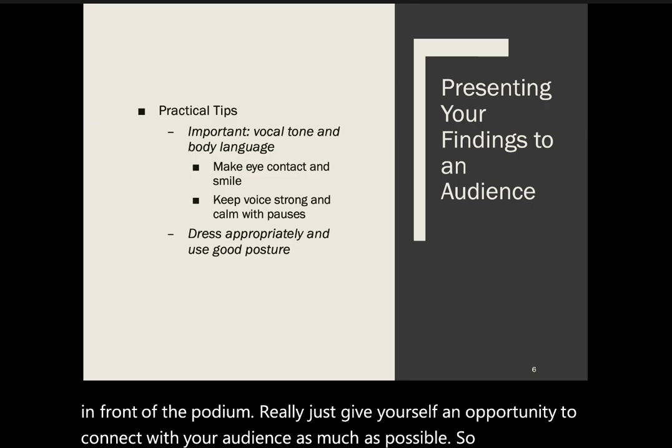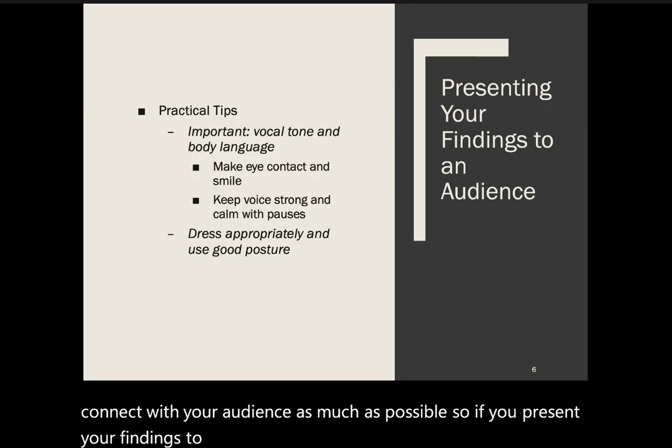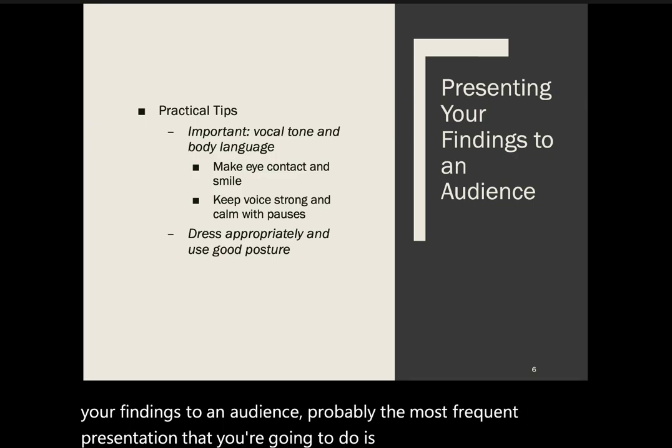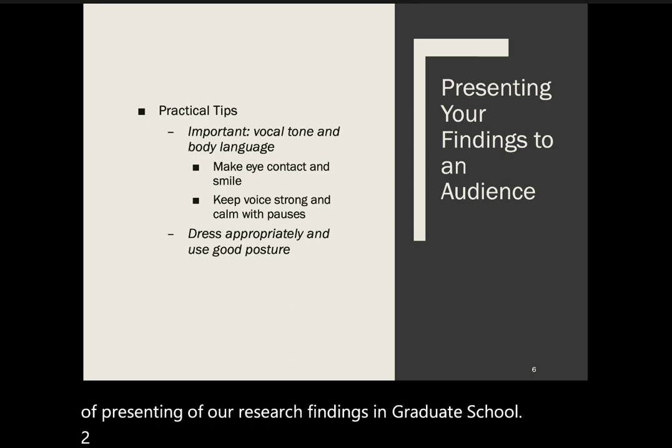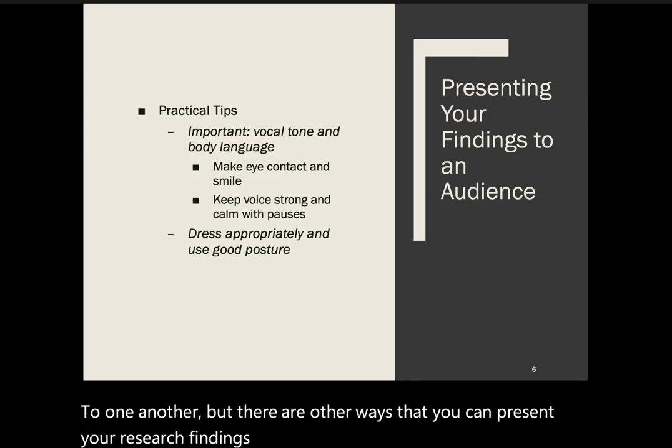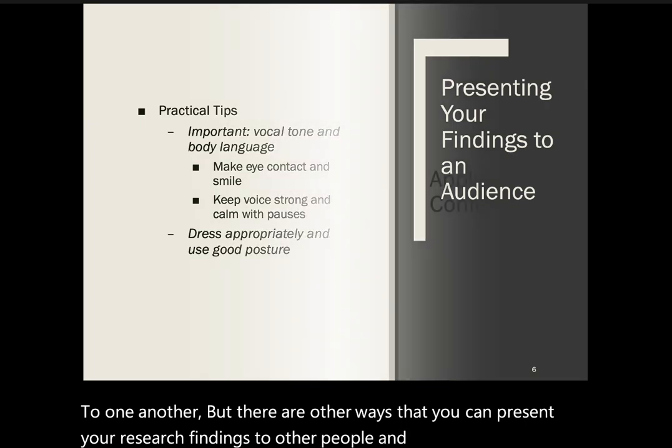So, if you present your findings to an audience, probably the most frequent presentation that you're going to do is to classmates. We do a lot of presenting of our research findings in graduate school to one another. But there are other ways that you can present your research findings to other people. And one of those is by applying to conferences.